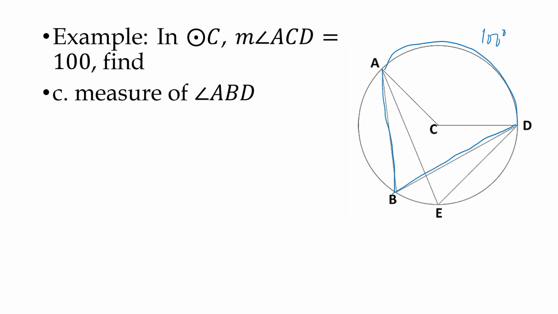Since they have a common intercepted arc, the measure of angle ABD is just equal to 50 degrees. Diba? I reiterate, both angle ABD and angle AED are inscribed angles intercepting arc AD. Since angle AED measures 50 degrees, then angle ABD also measures 50 degrees.